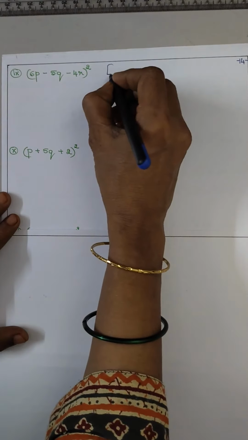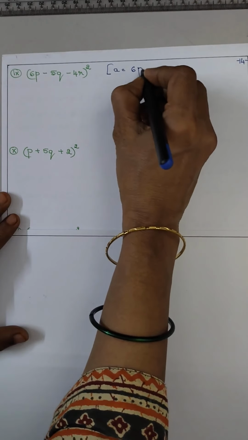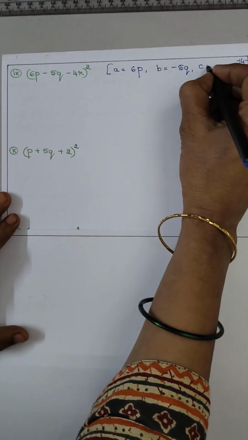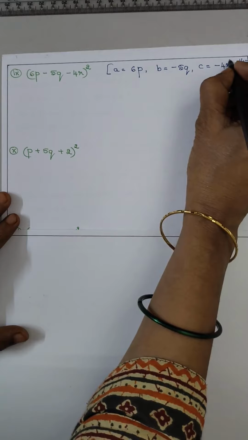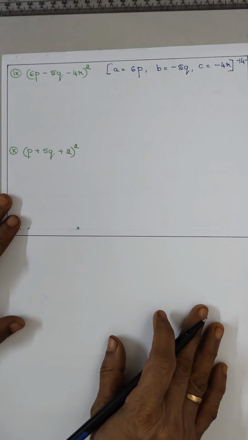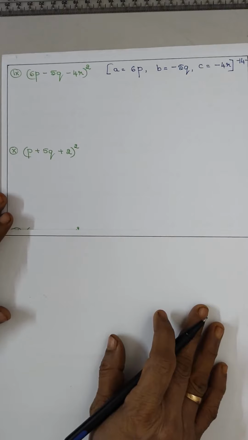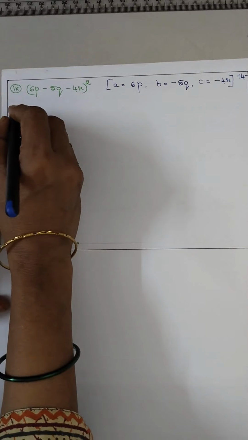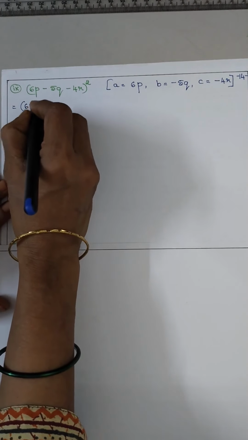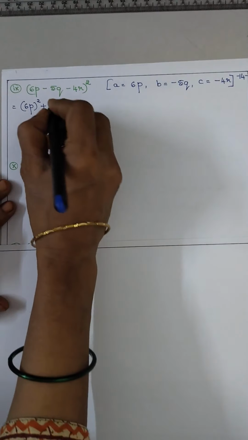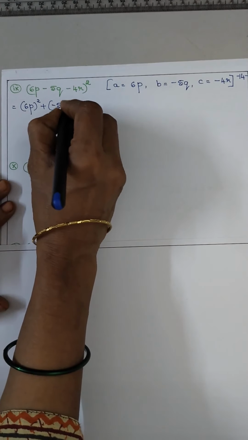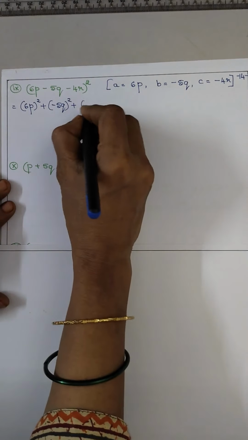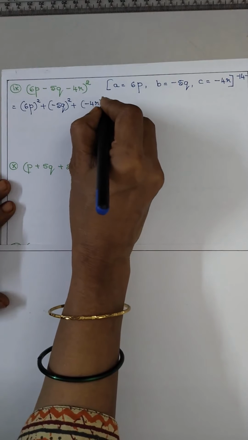Now write a is equal to 6p, b is equal to minus 5q, c is equal to minus 4r. Okay, put it within the bracket. Now a square, 6p the whole square, b square, minus 5q the whole square, c square, minus 4r the whole square.